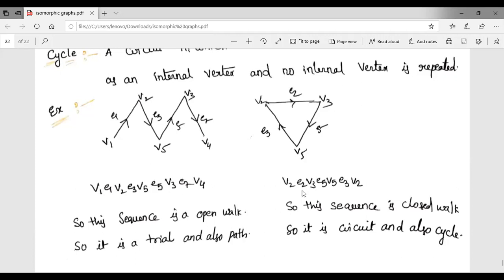Okay, now the sequence V2, E2, V3, E5, V5 is a closed walk. A closed walk means the starting and ending vertices are the same, with no repeated edges. So it is a circuit and also a cycle.